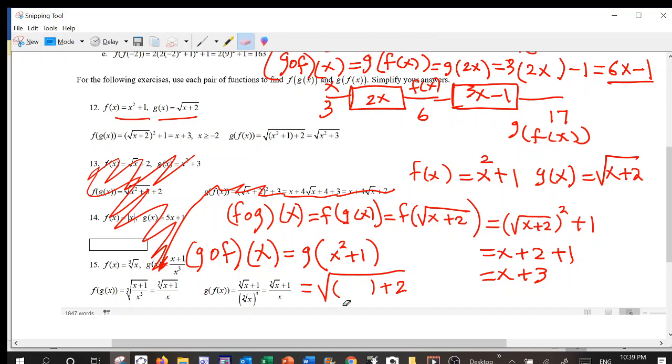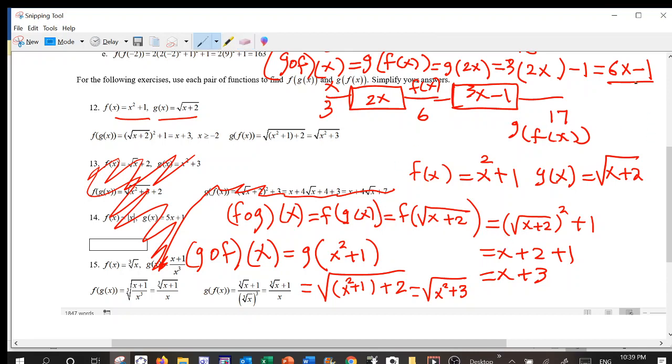And what is the input? It's x squared plus 1. So we put x squared plus 1 here, and we simplify, we get x squared plus 3. So this is g compose f, and that is f compose g.